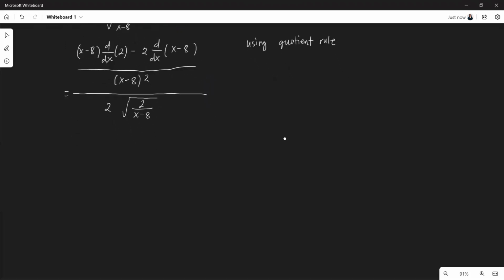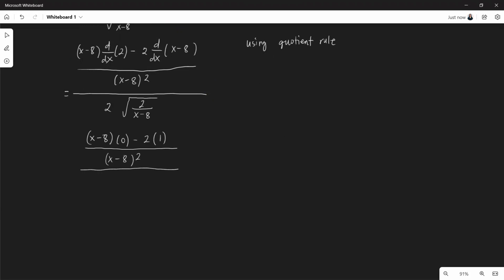So we have, later na lang for the main fraction bar, x minus 8 multiplied by the derivative of 2, which is 0. Then minus 2 times the derivative of x minus 8, which is 1 minus 0, or 1. And then all over the square of x minus 8.